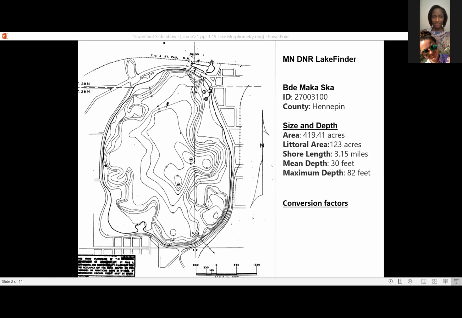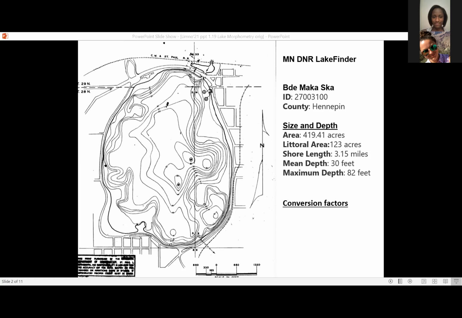We want that to be in hectares. So we're going to convert: 1 acre is the same as 0.4047 hectares. And that's going to be the area.